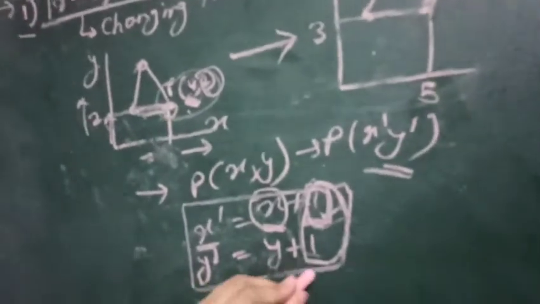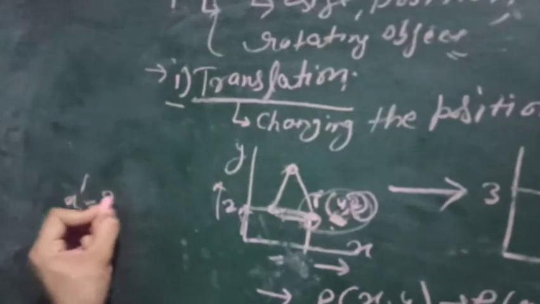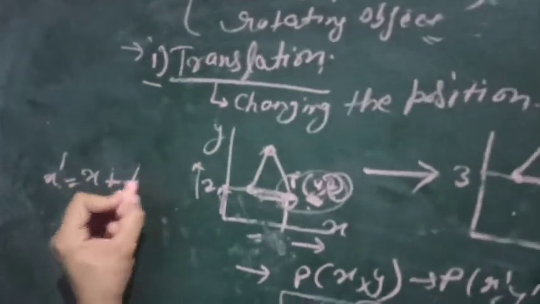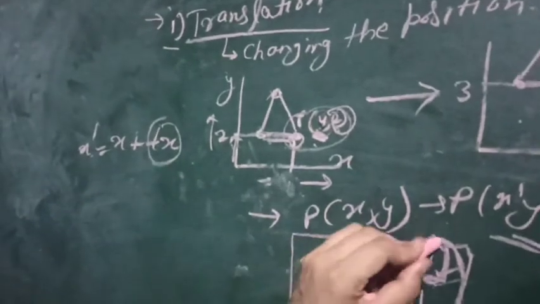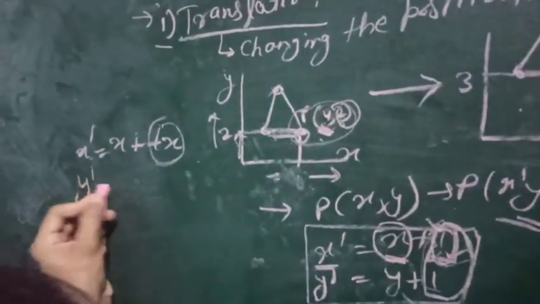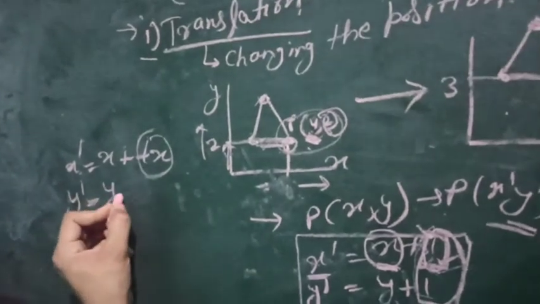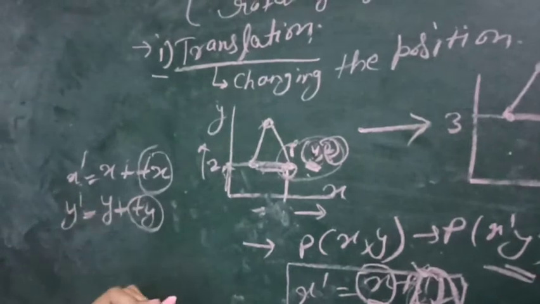Now we can represent these as x dash equal to x plus tx. Tx is the translation vector in the x direction. Here we have used 1. In the same way, we have y dash equal to y plus ty, the translation vector in the y direction.